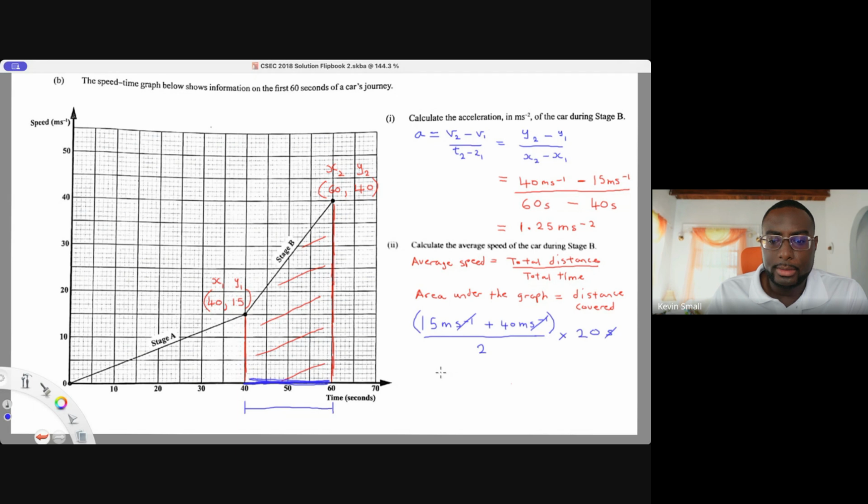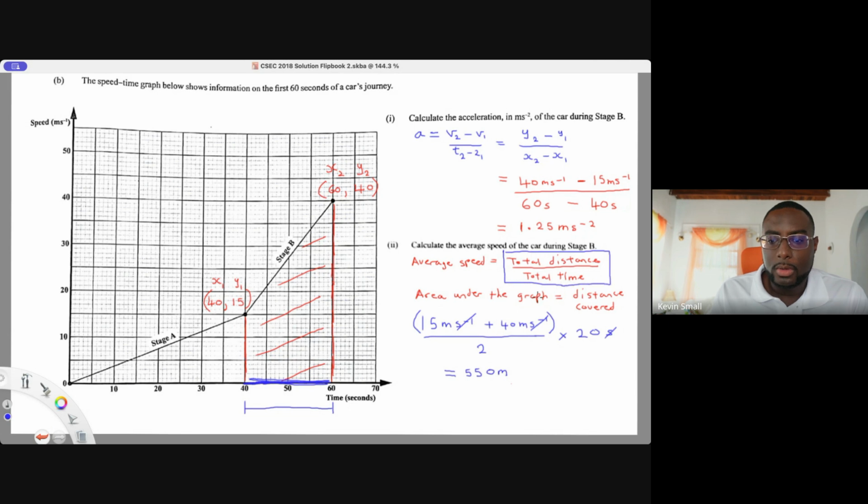Can someone tell me the answer in meters? 15 plus 40 divided by 2 multiplied by 20. What is the distance covered? Someone tell me the distance covered. 550 meters.